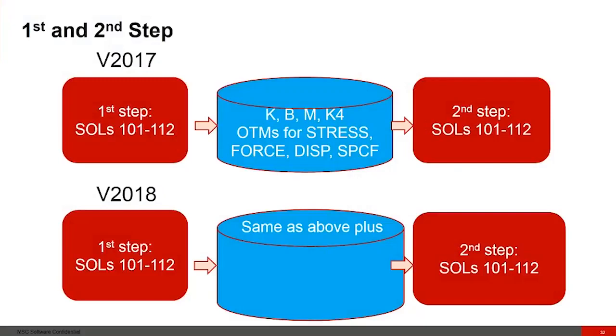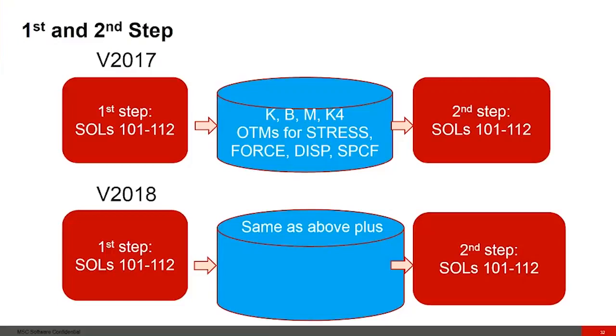Here you can see how it was done in the older version, 2017. We could create the external super element using a two-step method in multiple solutions, including solutions 101 and 103 through 112. Step one was to create the reduced matrices, such as the stiffness and mass matrices, and also include the OTM data block for the output transformation matrix.